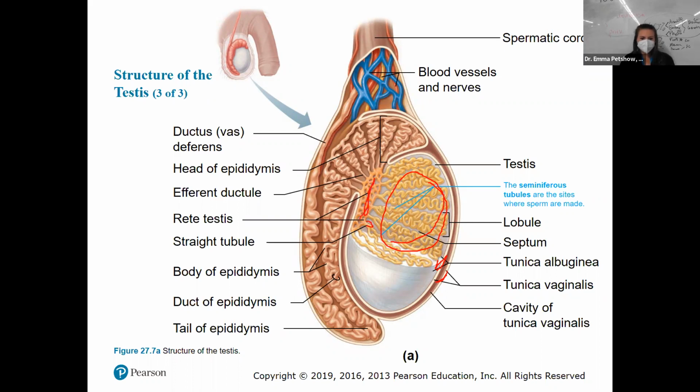Then it's going to move into the head of the epididymis, where microvilli are going to help move it along, as well as just the normal natural flow of these different ducts, downstream to the body, and then through these ducts to the tail of the epididymis, where sperm mature and hang out for about 20 days till they can swim. They're then going to be released through our ductus deferens, our vas deferens, again through that spermatic cord.